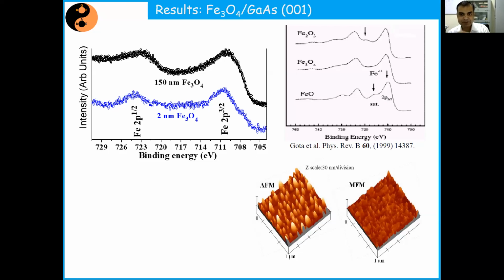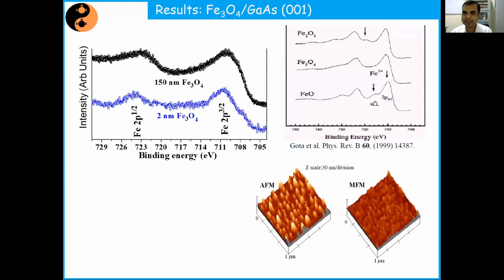So if Fe is only in iron state, then the binding energy of the emitted 2p electron of iron should appear at 706 electron volt. If it is present in FeO phase, then you see a certain satellite structure in the FeO spectra.